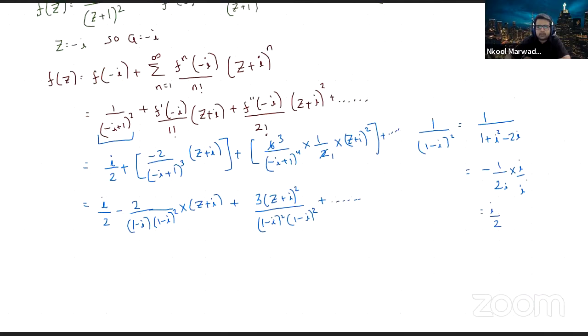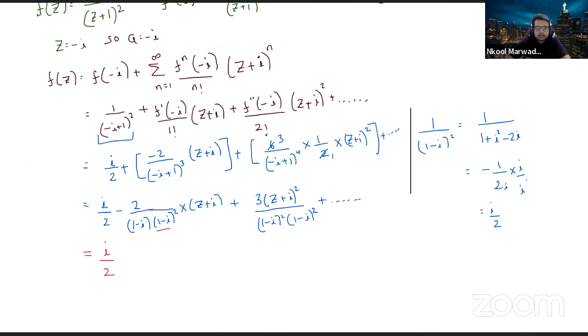This I can separate. Now what we will get is i by 2. We have already seen that 1 upon (i minus 1) square was i by 2.